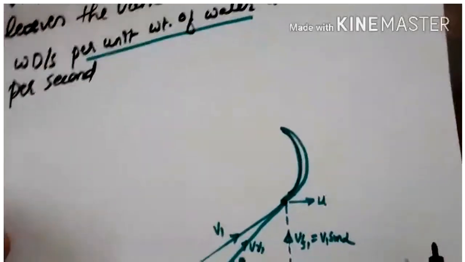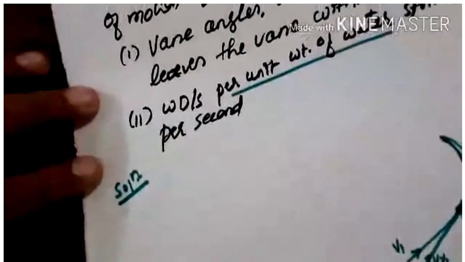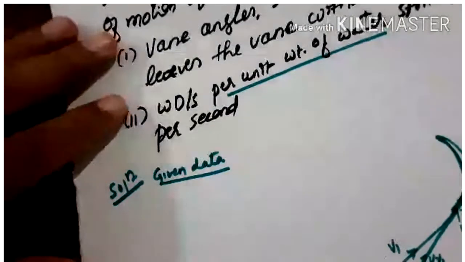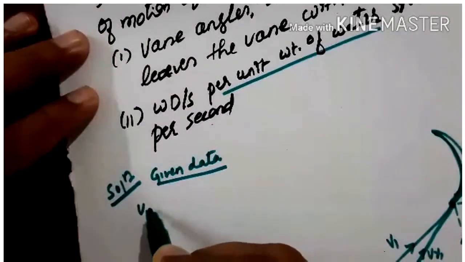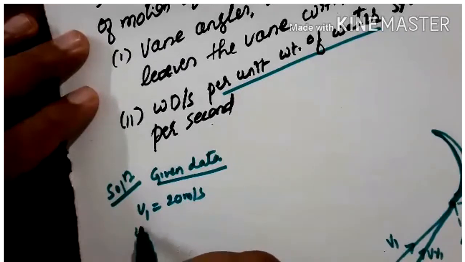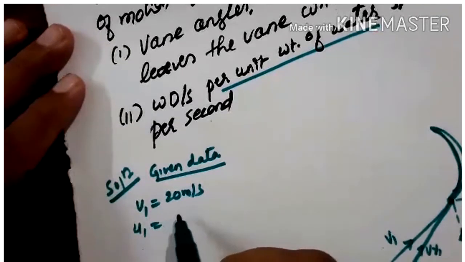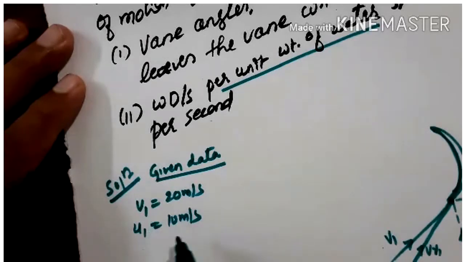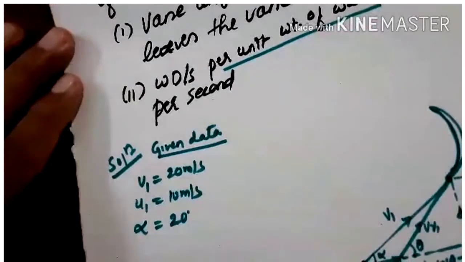Similarly, what are the data given here? I'll write the given data. The absolute velocity V1 is 20 meter per second. The velocity of the vane at inlet, U1, is 10 meter per second. The angle made by the jet at inlet with the direction of motion of the vane, alpha, is 20 degrees.